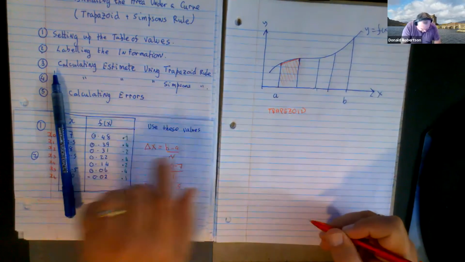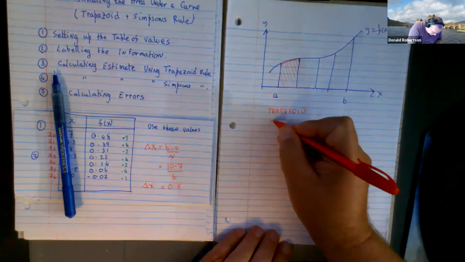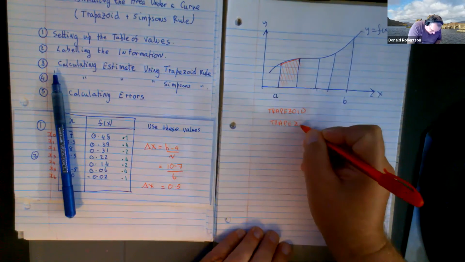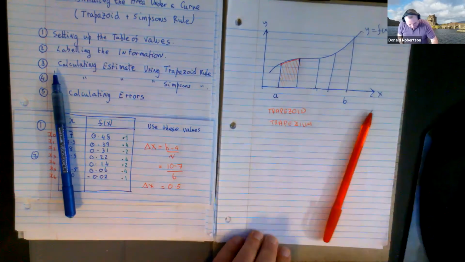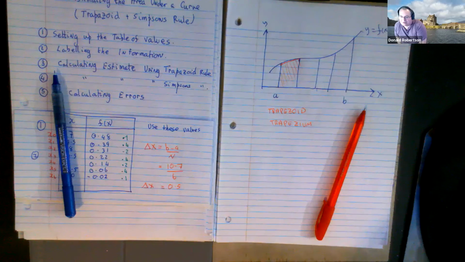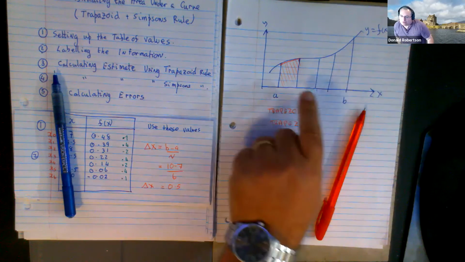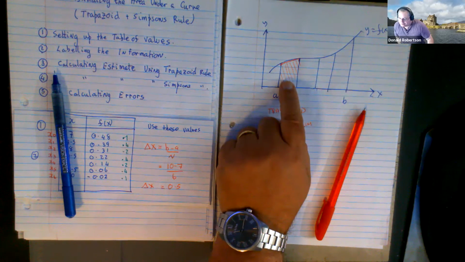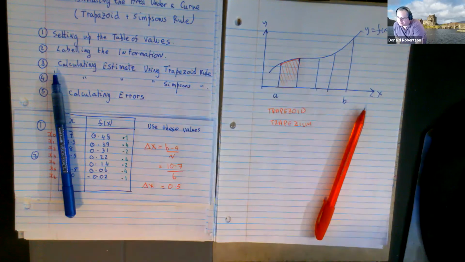And that's why this technique is called the trapezium rule, because it's full of lots of little trapezoids. It's full of trapeziums. Now, would you agree that this shape is a better fit than a rectangle is? So can you see that would probably give you a more accurate answer?